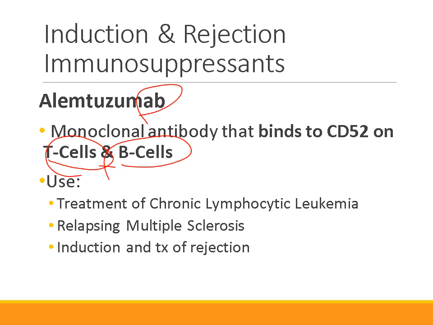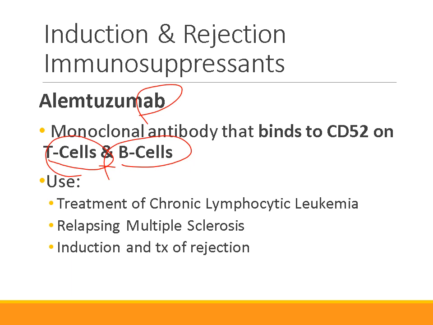So it gets rid of T cells and B cells. The T cells can take about 6 to 12 months to recover, like before you have good numbers of T cells back again. B cells take typically up to about 6 months to recover. So both cell lines are depleted for at least 6 months.